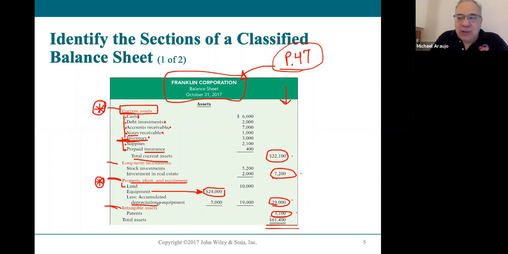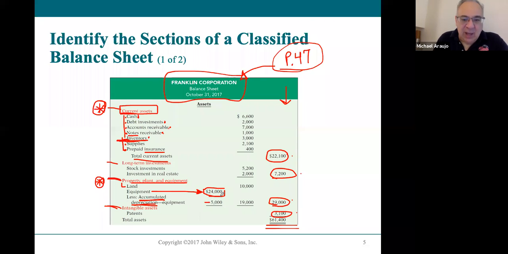We also keep track of how much depreciation we have expensed from our property, plant, and equipment accounts, in this case, just equipment. And that's what the accumulated depreciation account is. The word accumulated tells you that over time, it's built up. So this $5,000 is how much of this equipment we have already expensed through the years.